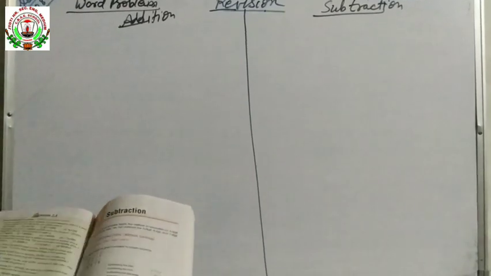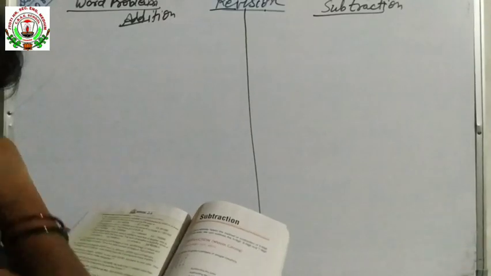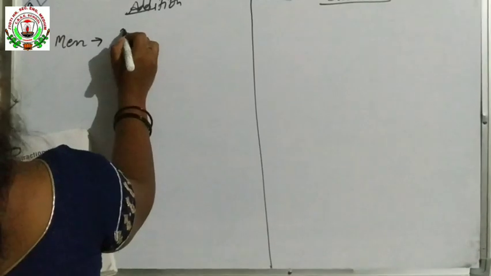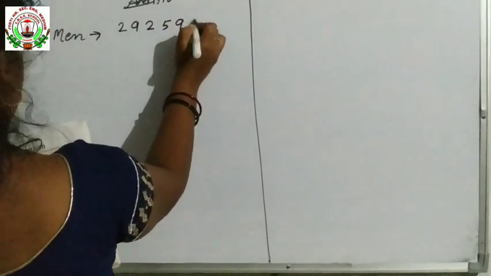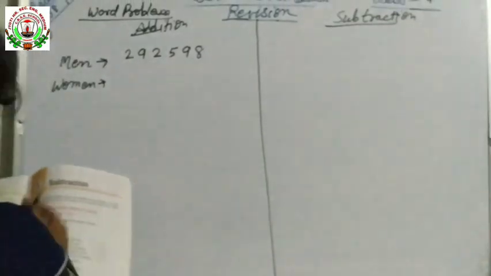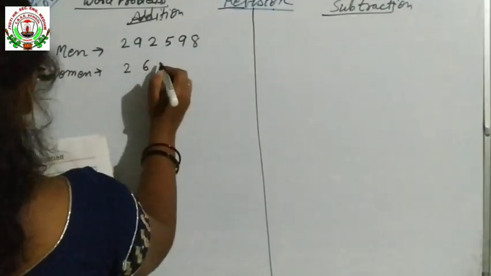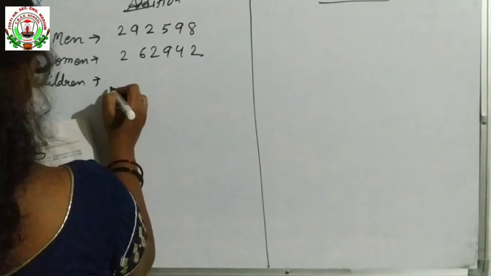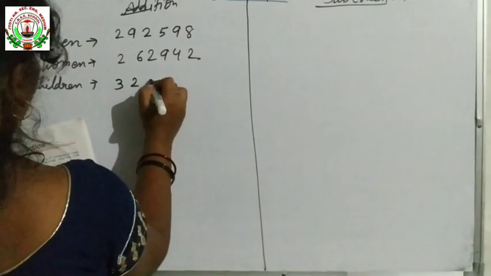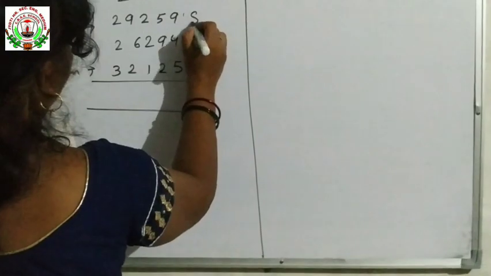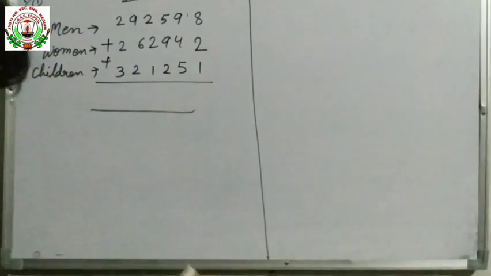Now here you will see in your book a lot of questions are there. So one or two questions we will explain to you.